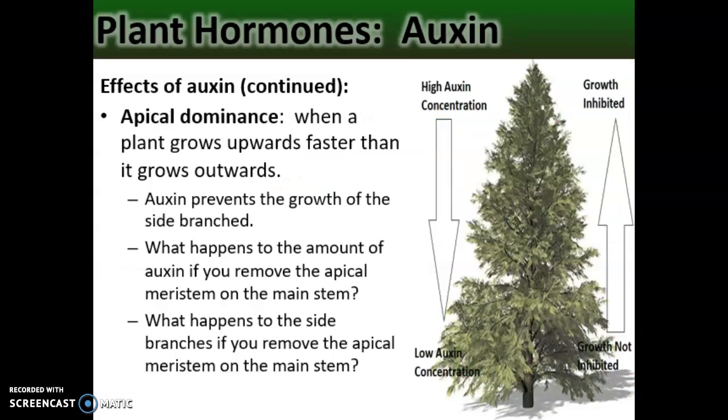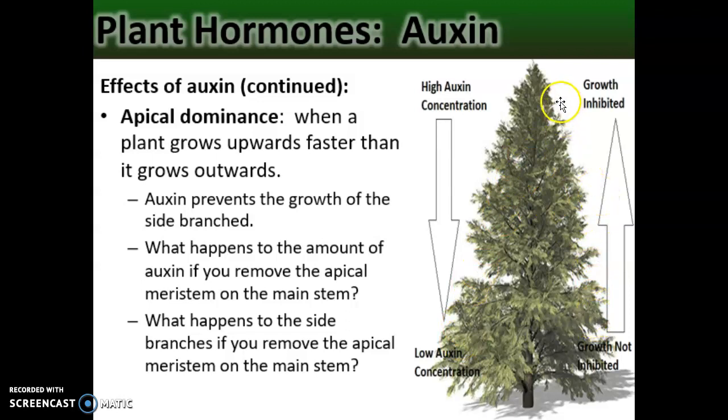The final effect of auxin I want to talk about is that auxin causes this growth pattern known as apical dominance. Apical dominance is a plant's tendency to grow upwards faster than it would grow outwards. If we look at this tree right here, this is a good example of apical dominance.